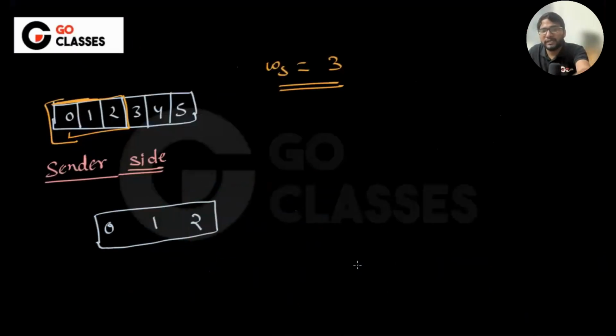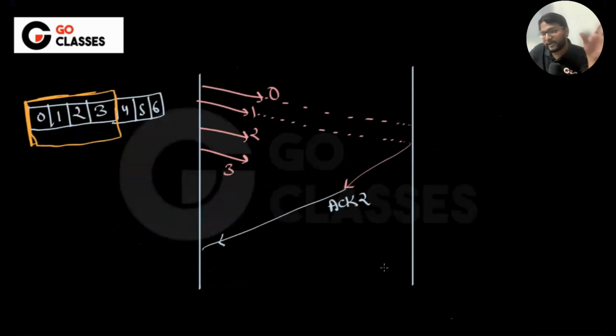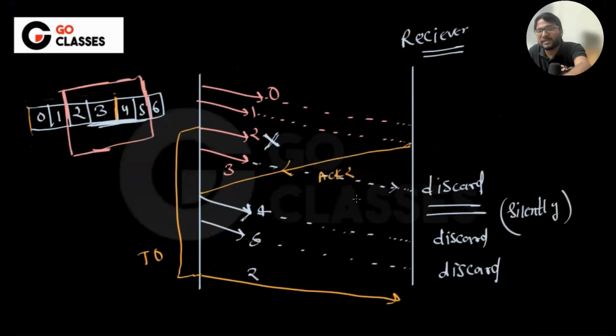Now, interestingly, can you tell me, here we are maintaining the timer for 0. Now, currently I'm not maintaining the timer for 2, but when will I start this timer for 2? Here I'm maintaining the timer for 2, but when will I start, the moment I send it or later on?